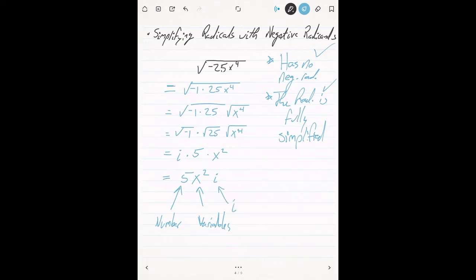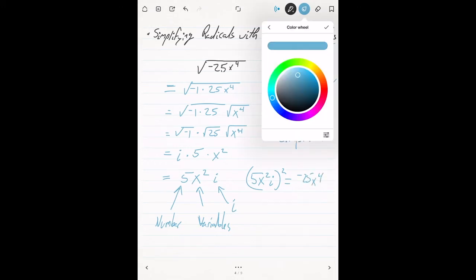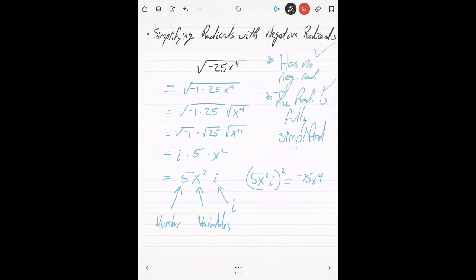So if I were to take 5x squared times i and square it, we would get negative 25x to the fourth. You're noticing, or at least you should notice, that this is incredibly similar to what we did previously when simplifying radicals. All we have now to do is to take the square root of negative 1. All we have to do is include an i in our final answer.